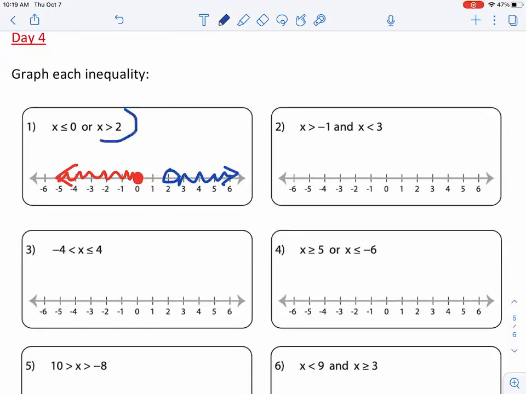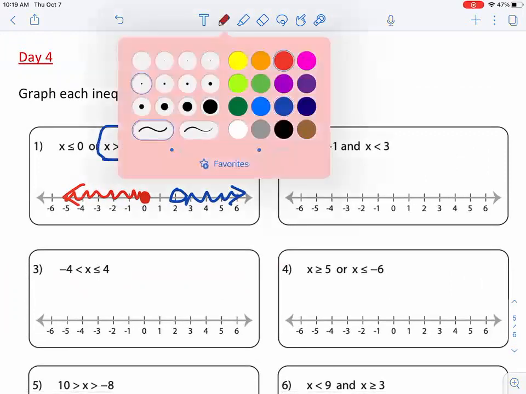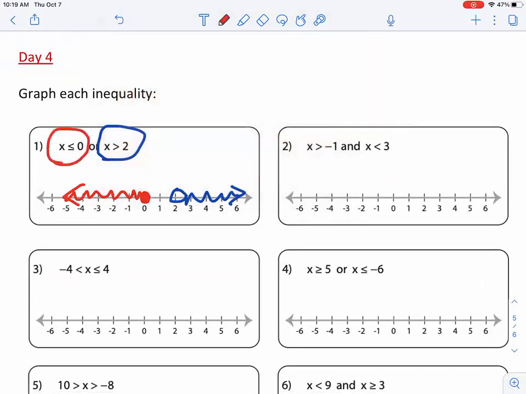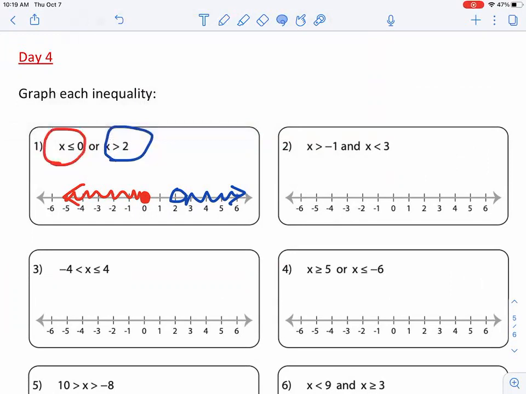So this part was the blue part of the graph, and this part was the red part of the graph. Okay, and because it is an or statement, that means I have 2 sections there. Okay, so that's my graph. I'm done. I graphed the left side and I graphed the right side, and I have 2 sections because it is an or statement.